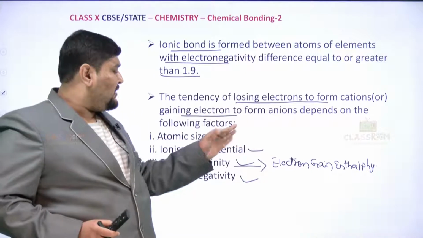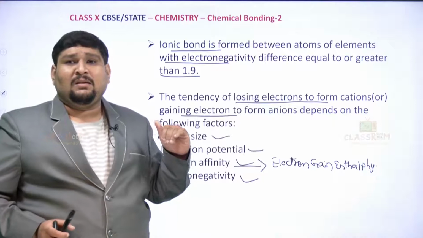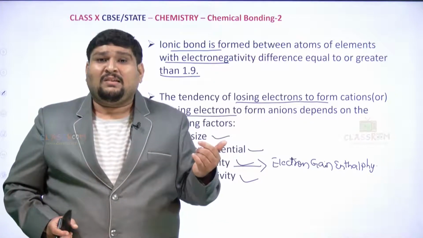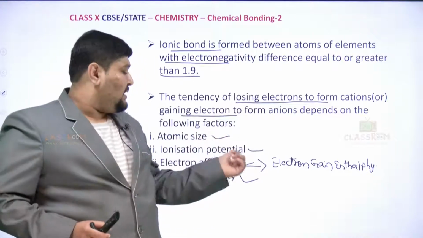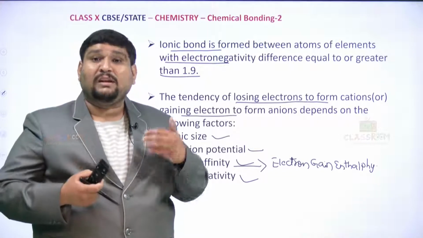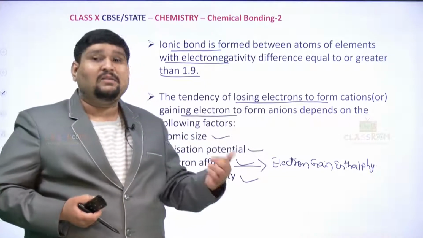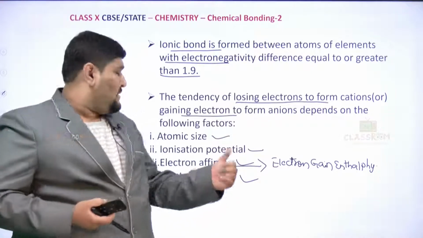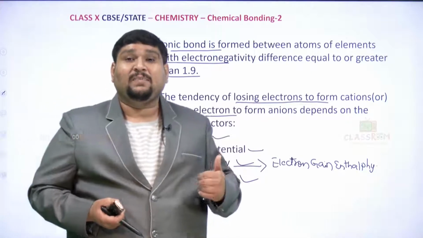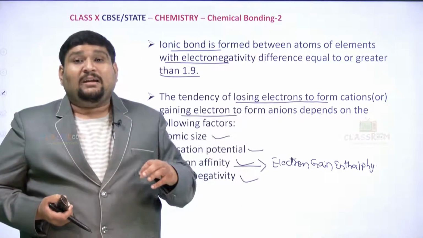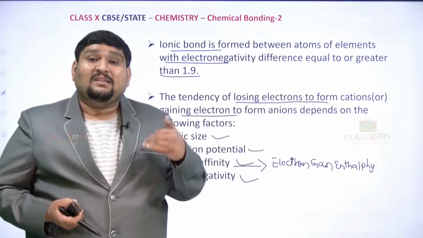So again, it's the losing and gaining of electrons. When learning about ionization potential or ionization energy, we see how an electron is given out. To give out the electron we require energy, and that energy we call ionization energy or ionization potential. In the case of electron affinity, an electron is added, and when you add an electron, energy is given out.